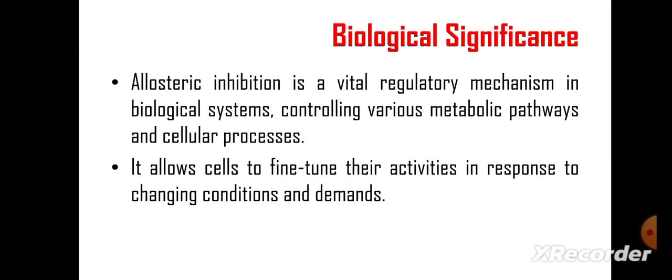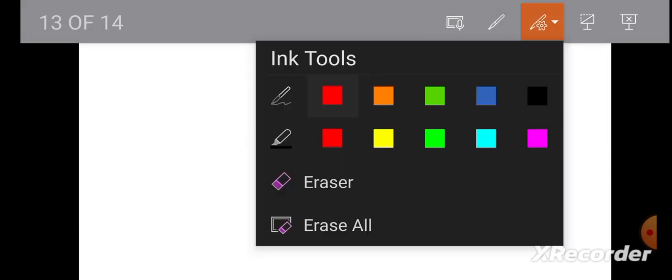In other words, it may be called feedback inhibition. So, allosteric inhibition is a non-competitive process, but it has biological significance.